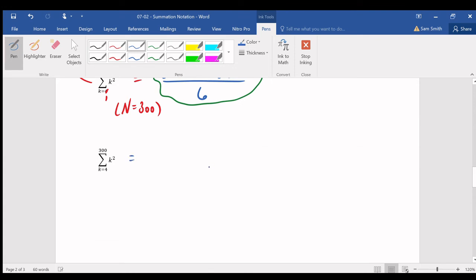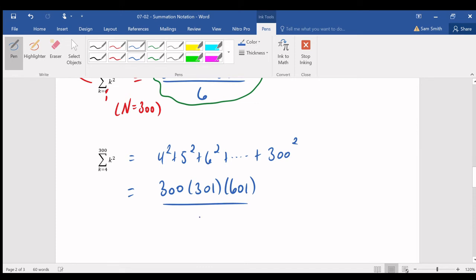We have the sum as starting from 4 squared, 5 squared, 6 squared, up to 300 squared. And the formula that we have, this formula here, this is saying what we would get if we started the sum at 1 instead of at 4.